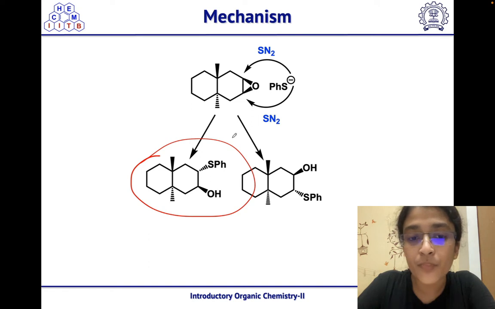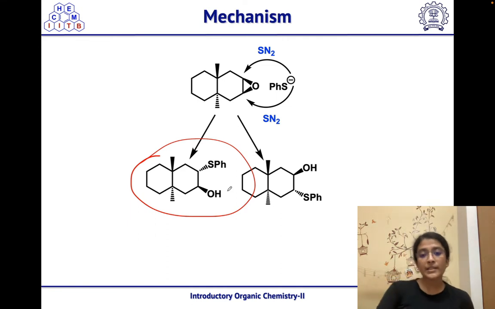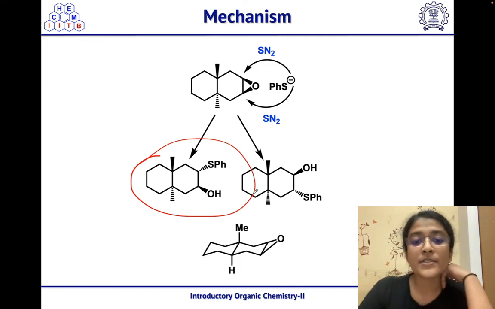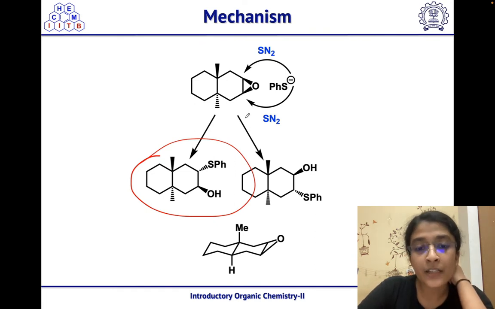Yes, ma'am. Since it is an SN2 reaction, the SPh group is coming from the opposite side. Now we can see which is the correct product. We can redraw this molecule in chair format. This can be drawn in this format, right?